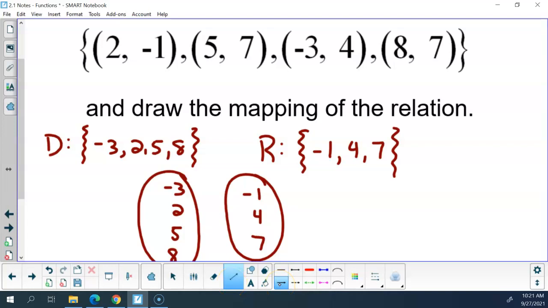So 2 goes to -1, like that. 5 goes to 7, like that. -3 goes to 4, like that. 8 goes to 7, like that. And there is my map.